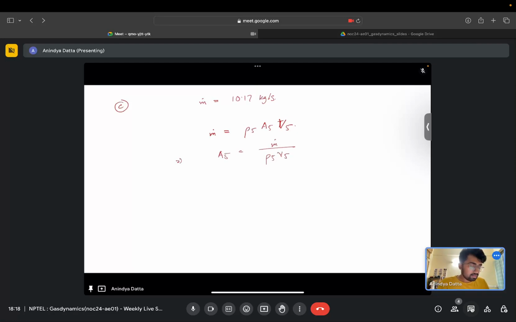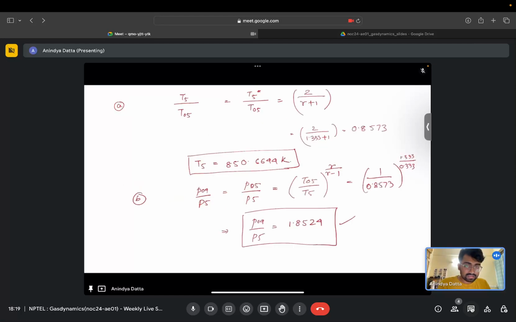Alright, so how will you find these values? You can find rho 5 from the equation of state: rho 5 is equal to P5 by RT5. T5 we have computed, and P5 you can compute from this ratio, P04, so from there you can find P5.